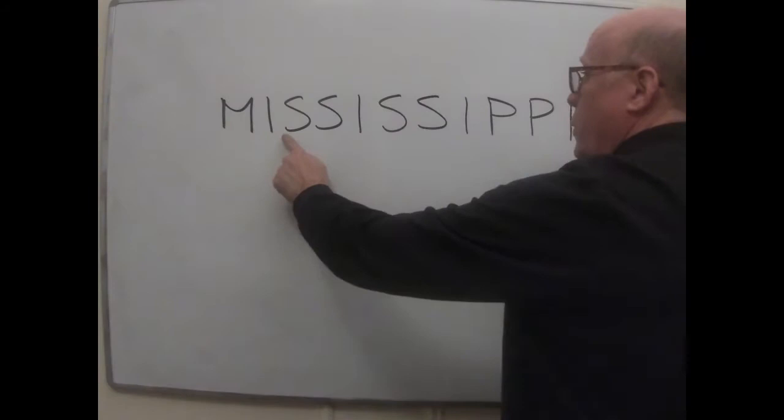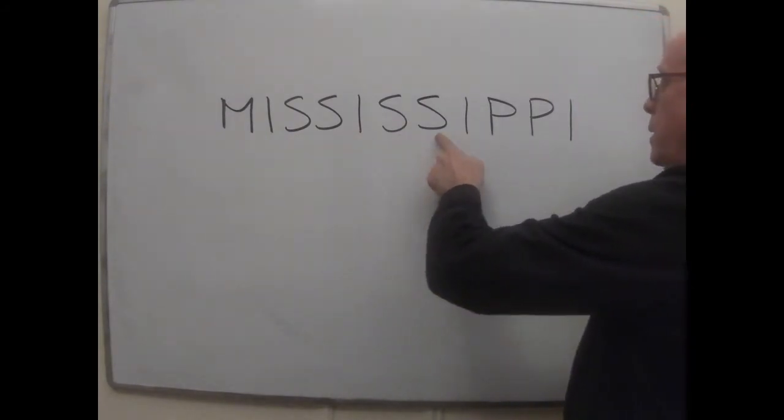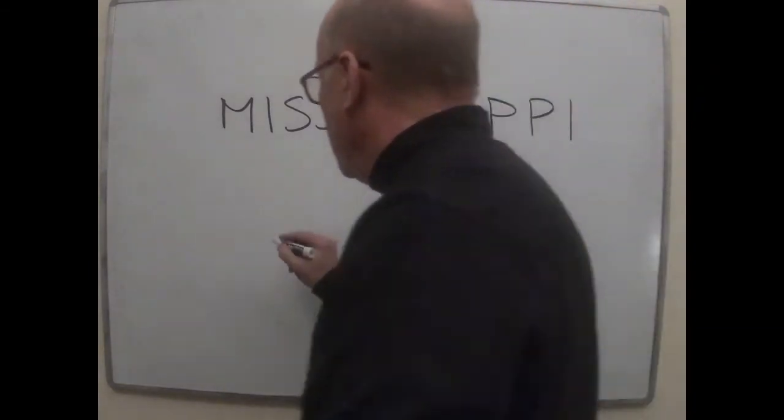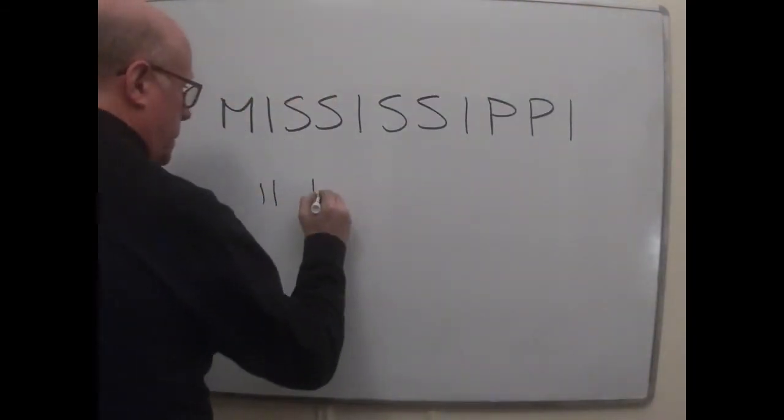Let's apply that thinking to this classic question, which is how many ways can you rearrange the letters of Mississippi? There are 1, 2, 3, 4, 5, 6, 7, 8, 9, 10, 11 letters here. 11 letters all told.